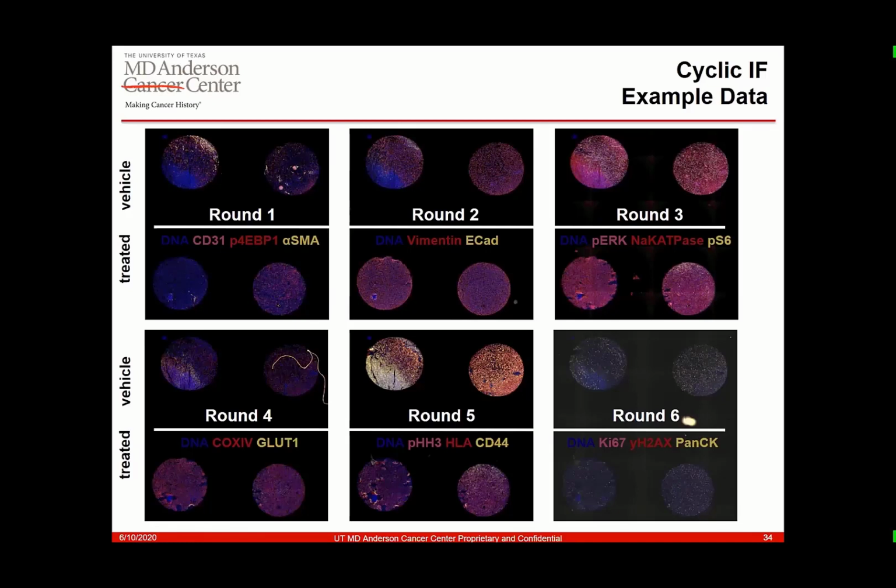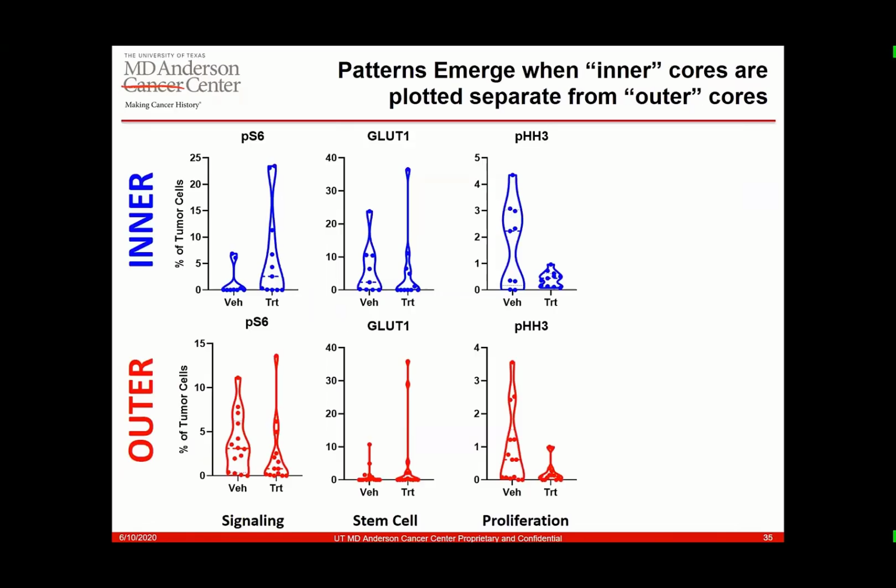Okay, so just to kind of wrap things up, what you can start to do is you can plot the inner cores from the outer cores. So I'll say the reason I did this was because if I grouped everything together, I noticed that the changes were definitely less dramatic than we expected.